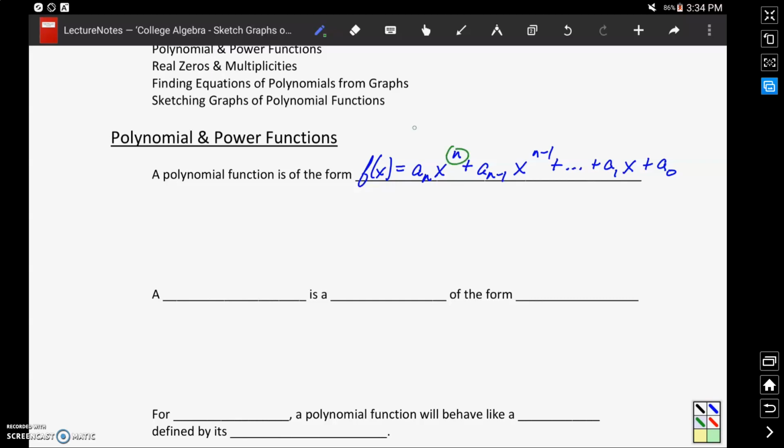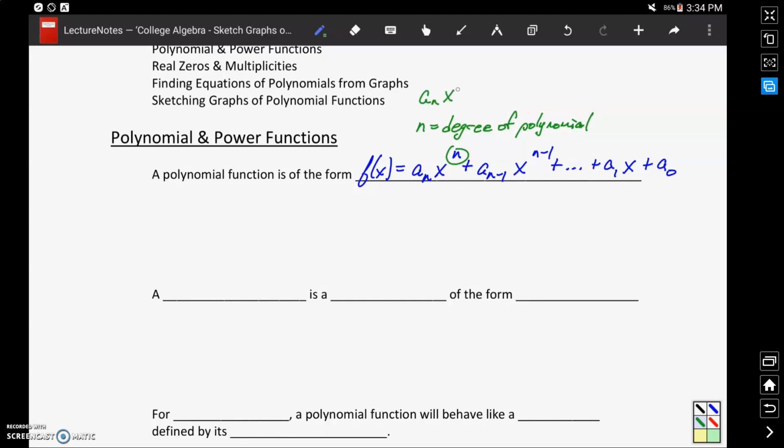In this form, n refers to the degree of our polynomial. So whatever the largest exponent is constitutes the degree of our polynomial.